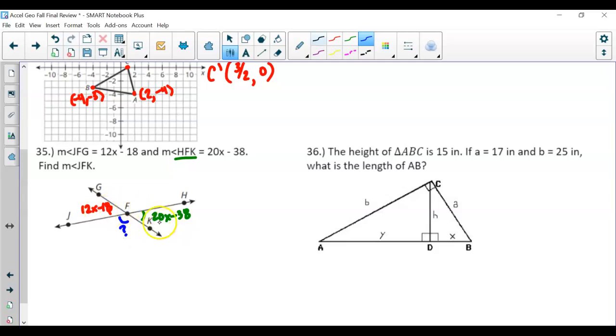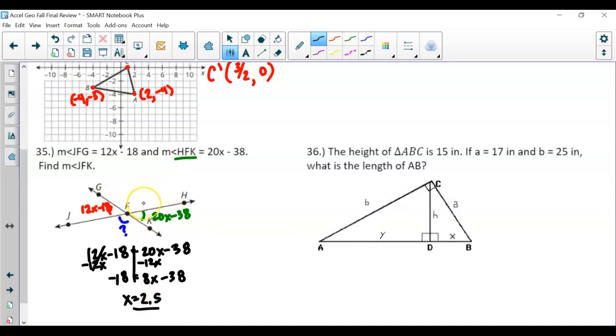Now they're vertical, and vertical angles are equal to each other, so that's why we set them equal to each other. And so now here when solving and subtracting, gathering my variables, you're at -18 is equal to 8x minus 38. So now just going through and solving, you should get x is equal to 2.5. So now here, we'll plug that in.